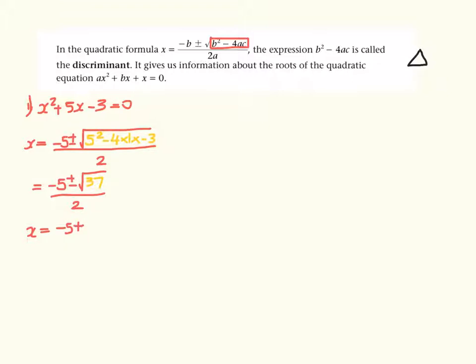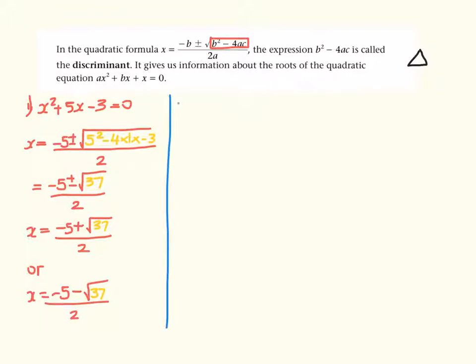I've got x equals negative 5 plus the square root of 37 divided by 2, and I've also got x equals negative 5 minus the square root of 37 divided by 2. So the thing to note here is that the discriminant is a positive whole number that can't be simplified, 37. So that's our first example.